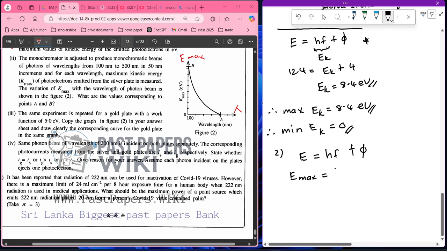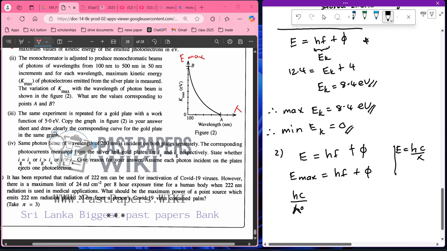If you consider the Emax, this equation changes its format to E equals hc divided by lambda naught, because it's a maximum energy, right?